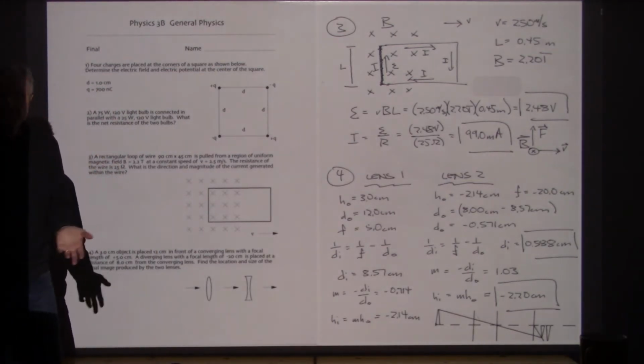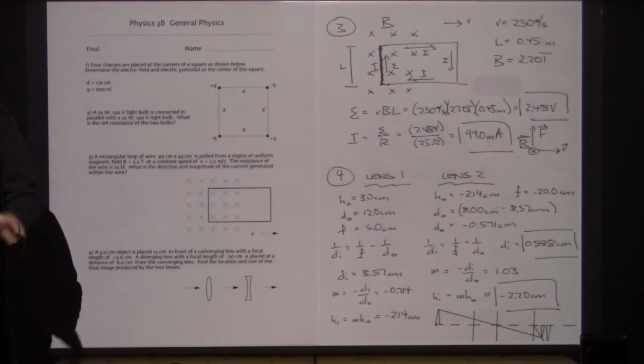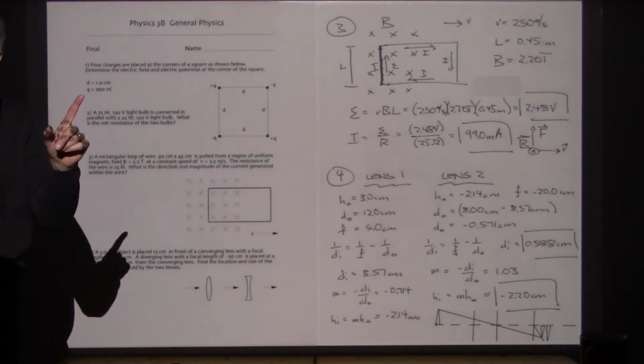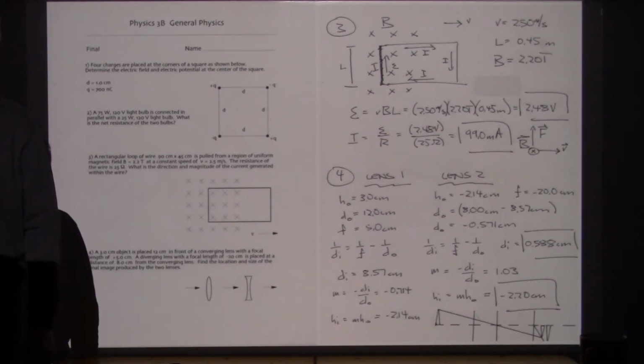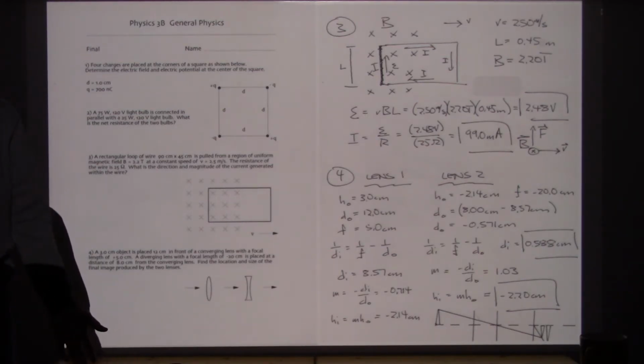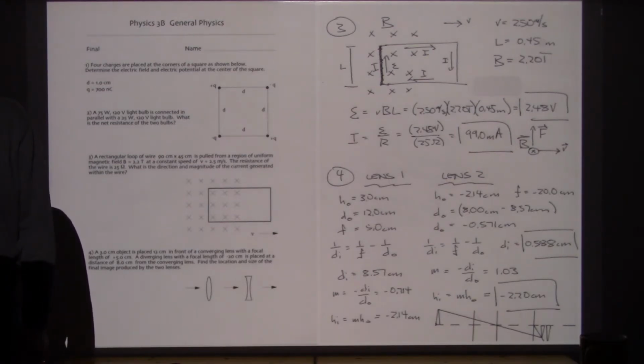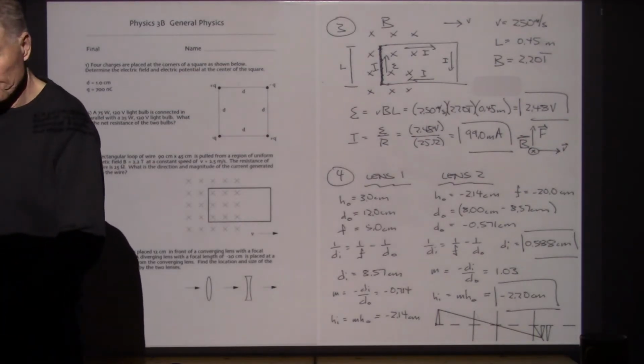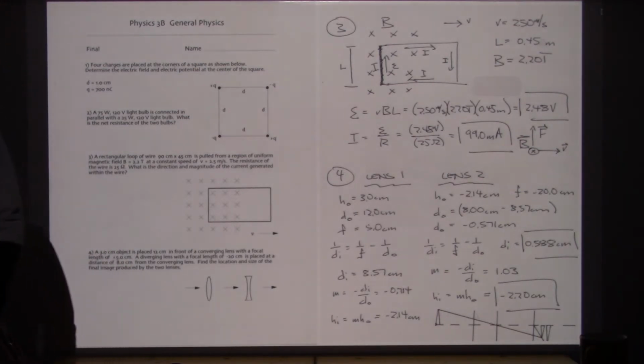So the current is going to get generated during the intervals where we have an EMF on one side, but it's not being opposed by the other side. So it's while part of the loop is in the magnetic field and part of it is not that we'll end up with EMFs, and that's where we'll end up with the currents. All right, questions on that?